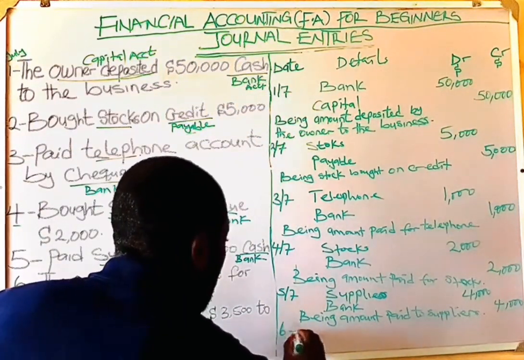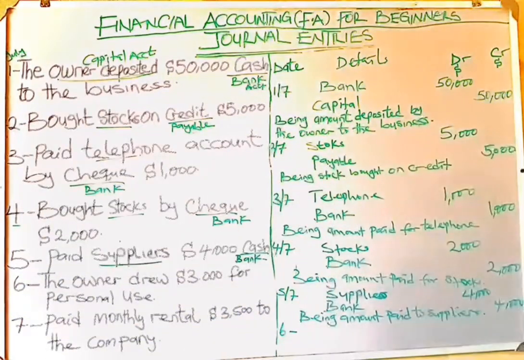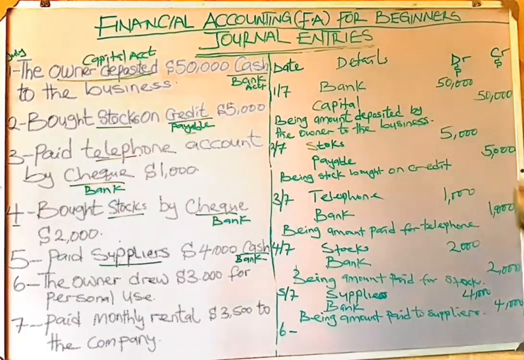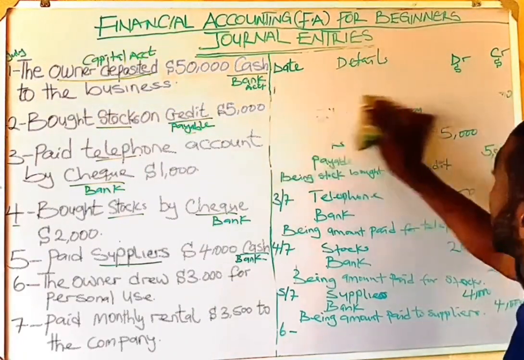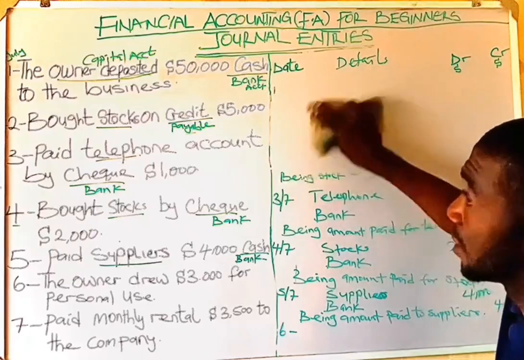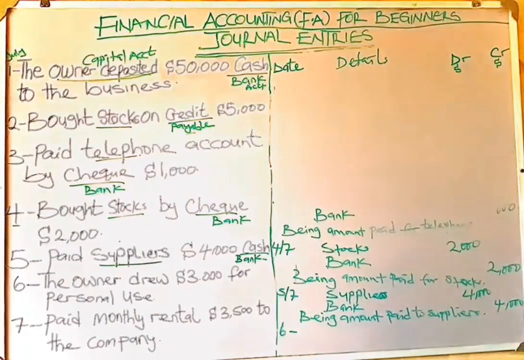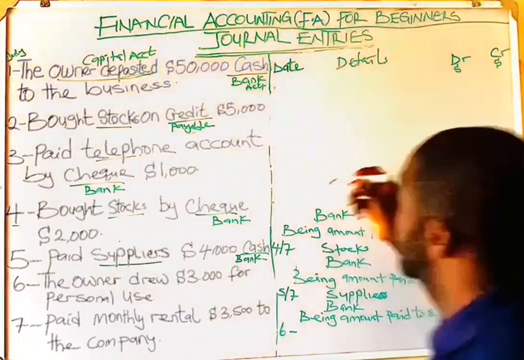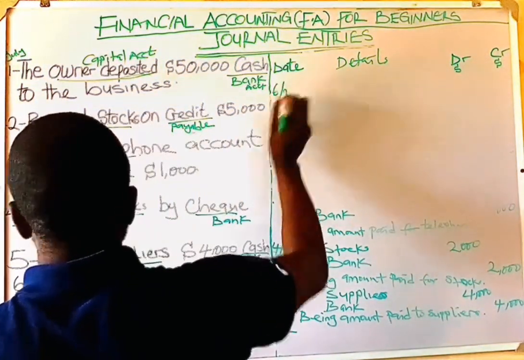Then our transaction 6. Let's clean up. This is our transaction 6. The 6th transaction, you say is 6th of July.